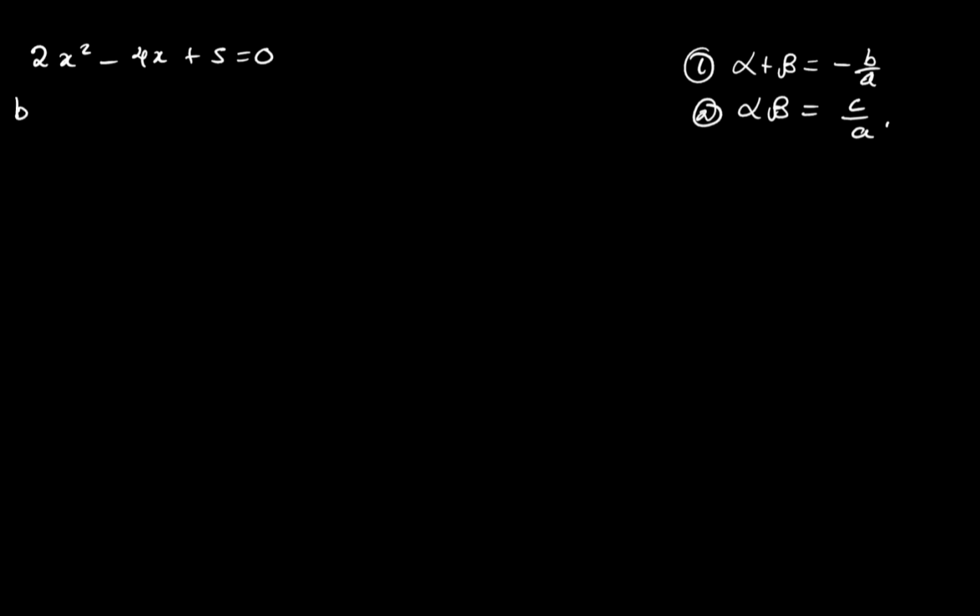Now, B of the same particular question is where they would ask us to find alpha plus 1 times beta plus 1. To go about solving this, whenever you see parentheses in math, all you're supposed to do is to expand. So I'll get the first element in the first parenthesis, which is alpha, and multiply it with the entire second bracket, which is beta plus 1.